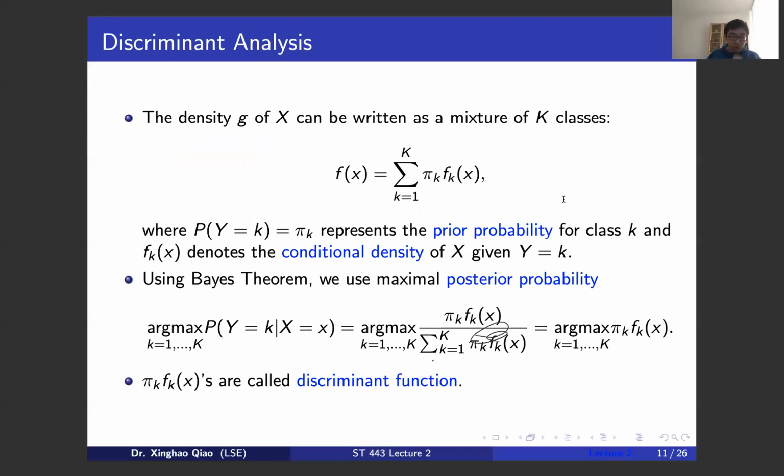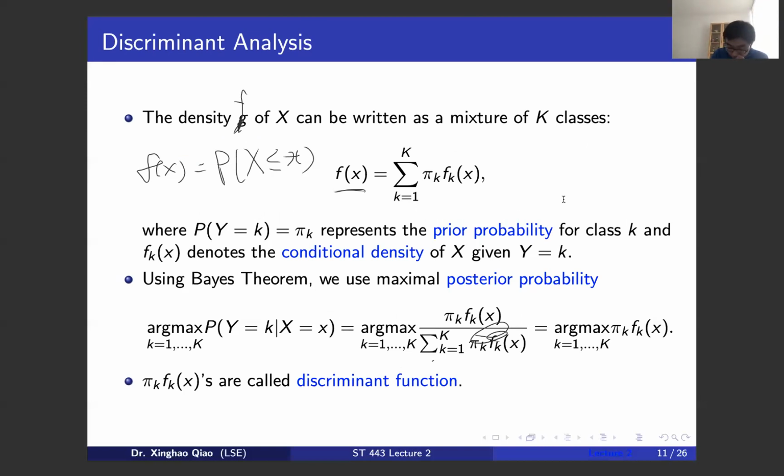Now suppose that we assume that X here is continuous. So for the density, we should use f. The density of X can be written as a mixture of K classes. The density function itself, F of x, is defined from the probability of X smaller or equal to x.